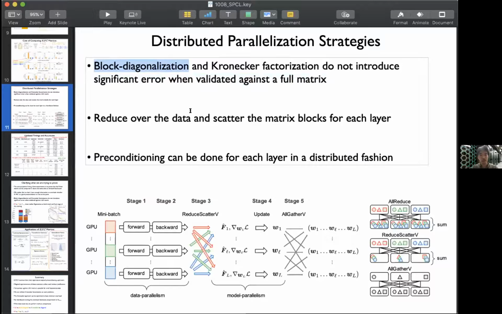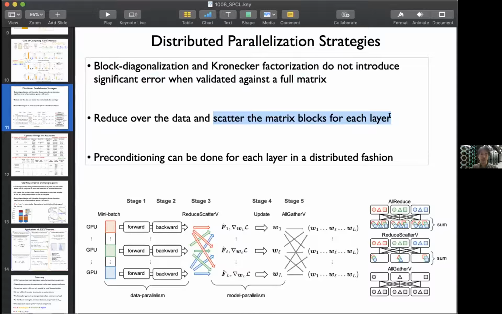We sort of decouple all the layers and compute their Fisher matrix. And then we can do something interesting with that block diagonalization. We can actually reduce over the data and then scatter the matrix blocks for each layer, right? So this reduce scatter is switching from data parallelism by reducing the data that's distributed, and then we're now switching to a form of model parallelism.